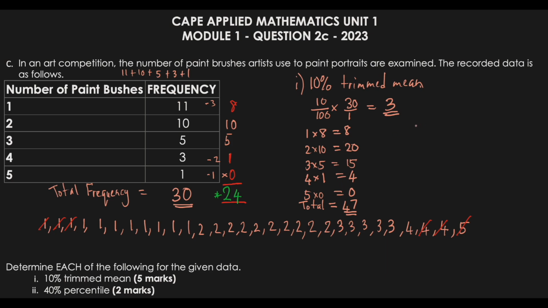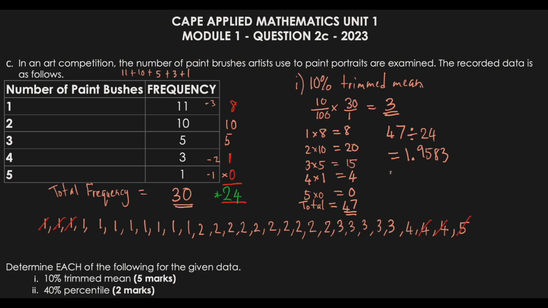So we have 47, which now we have to divide by the total number of inputs. In this case, if you count all of these, we have 24. So then it's going to be 47 divided by 24. So that's just going to be under 2. So the value is 1.9583.